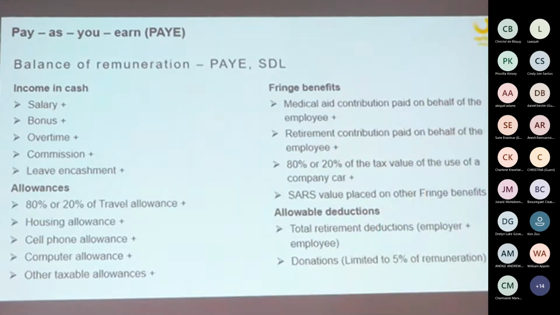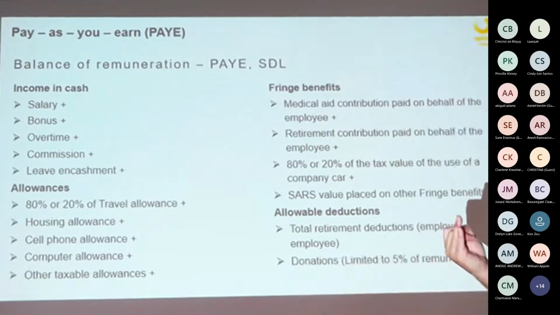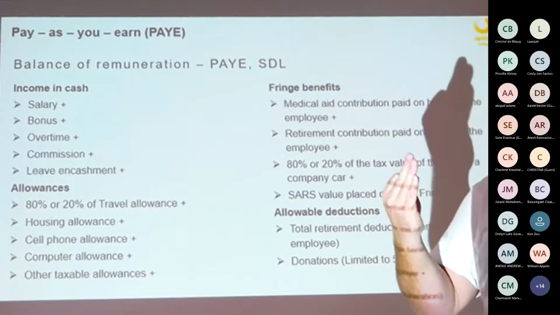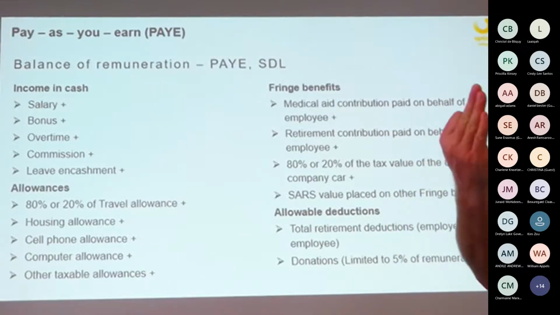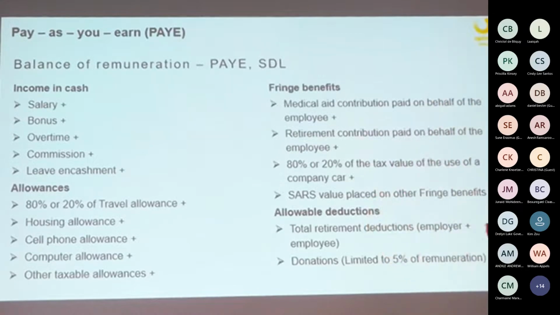A retirement contribution fringe benefit works in the same way. The employer pays a part towards that. Then the 80-20 rule for use of a company car, and then the SARS value placed on any other fringe benefit.